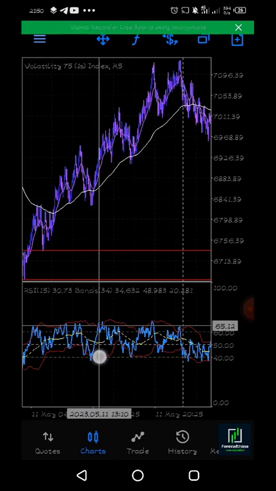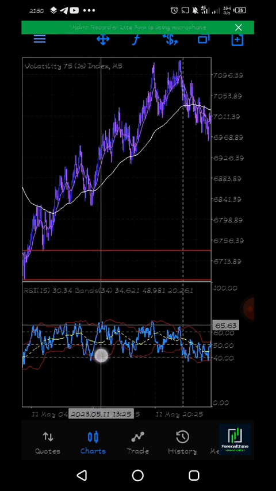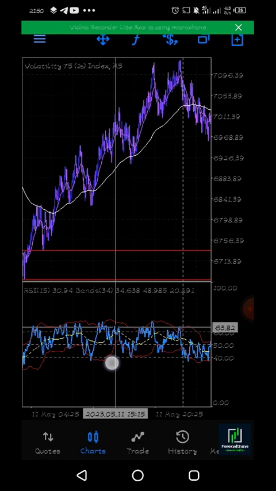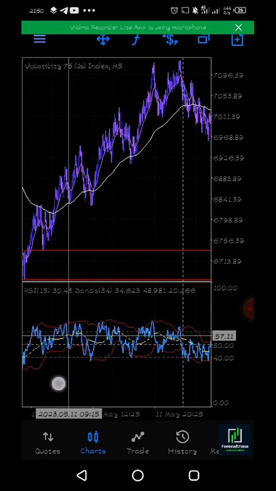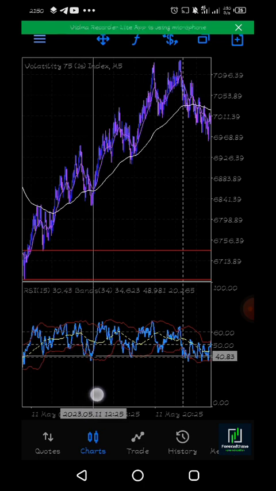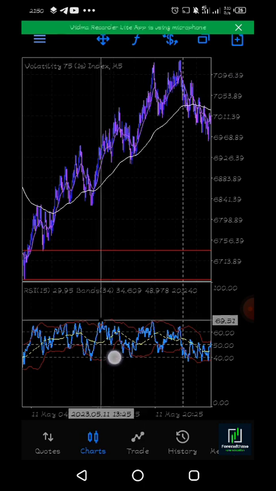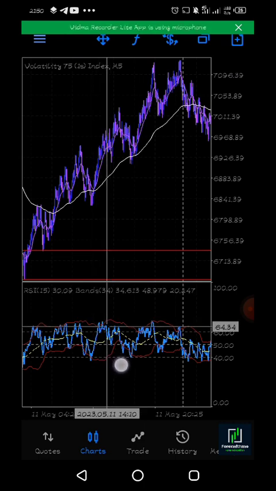Once market hits overbought, definitely market might likely reverse. That's what happened here. Now it makes a few lower lows here and starts coming back down. So I can take my trade from this overbought level, since I know I'm in an uptrend, to the oversold level. Then I'm good. You leave the rest for the market to decide.